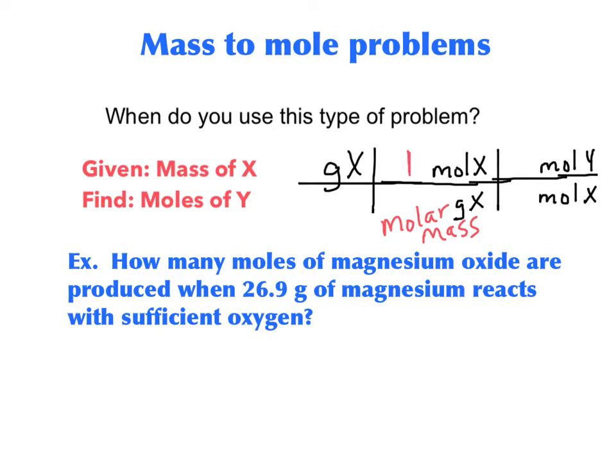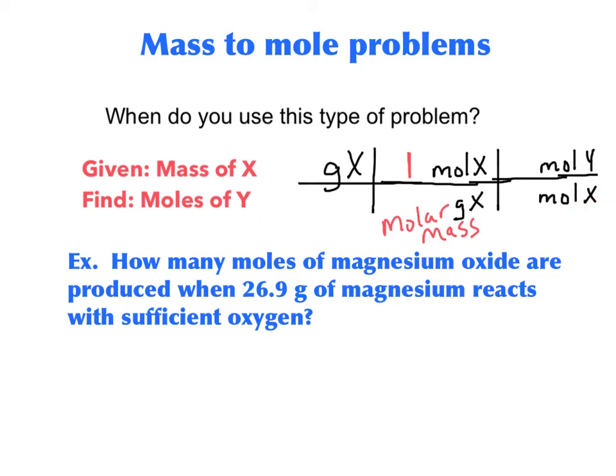And this is always going to be 1 mole for the number of grams of X, whatever that is. We notice how I had to stay with X here each time. And then I copy down my moles of X. Here's my mole ratio that I can use from the balanced chemical equation, and I get these numbers from the coefficients, matching them up exactly with Y and X, whatever they are.